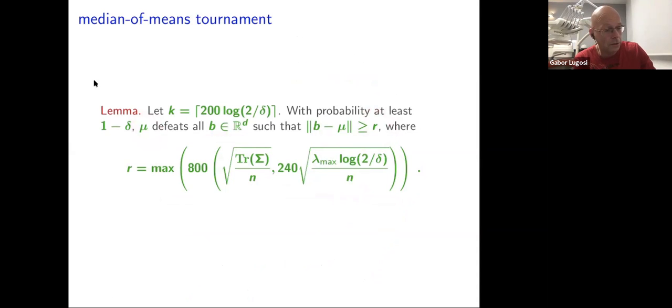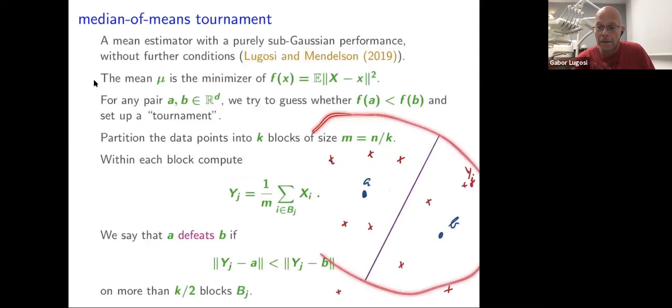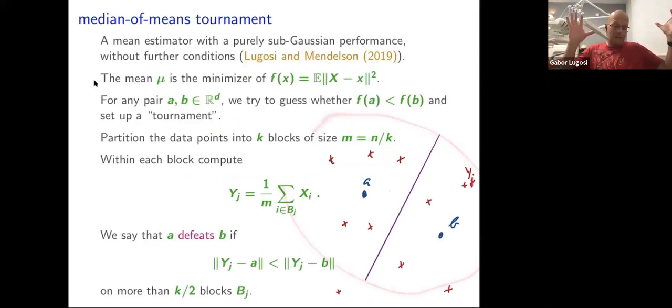Don't pay attention to these constants. They can probably be improved. We didn't really try. So if I compare the true mean according to this criterion to any other point, the true mean will be a winner unless that point is very close to the mean.